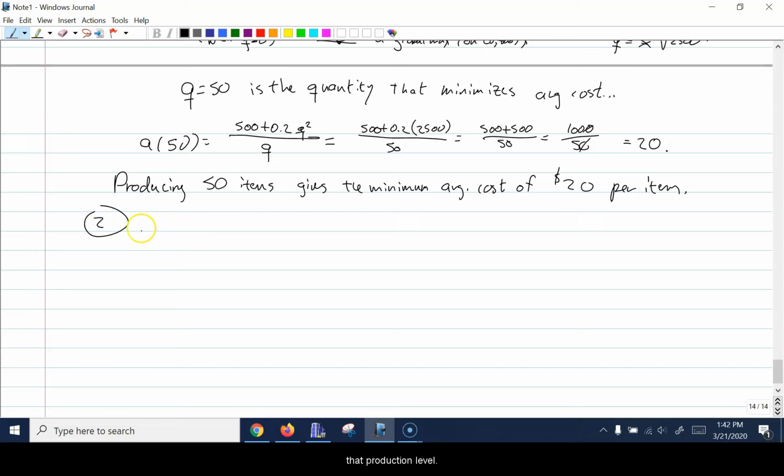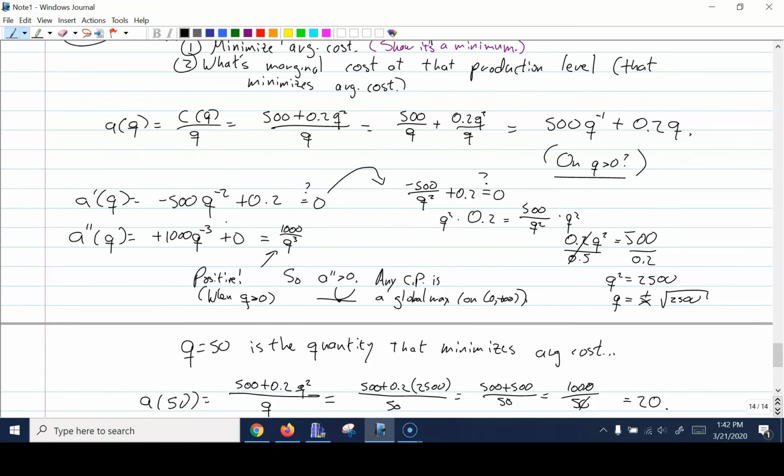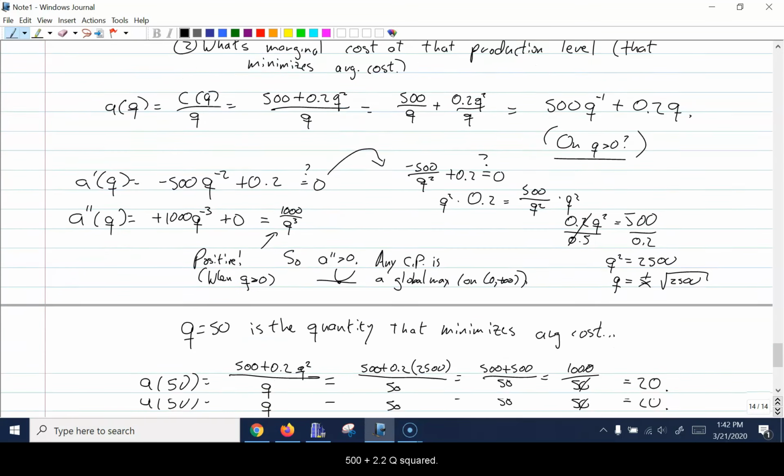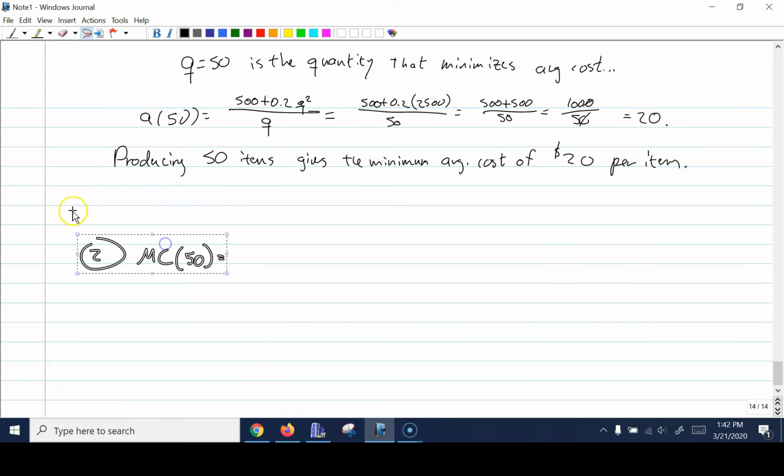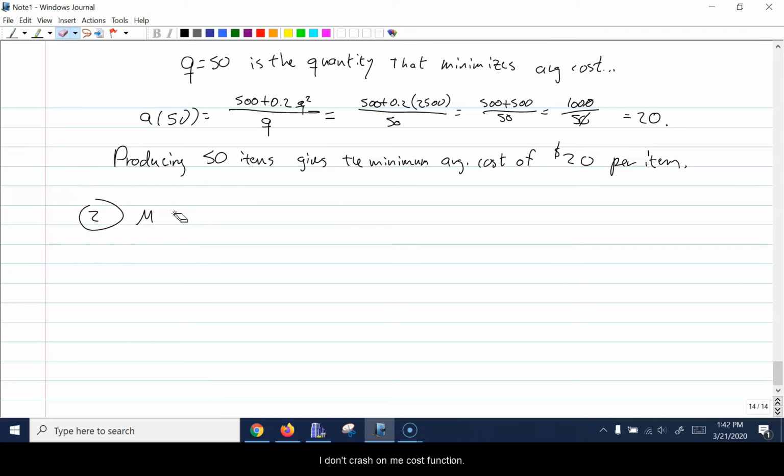Question 2 is what's marginal cost at that production level? We never took marginal cost. Where's our cost function? It's 500 plus 0.2 Q squared. We want what's marginal cost at that production level of 50.